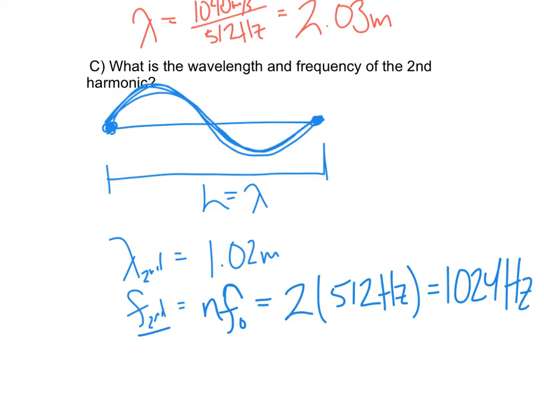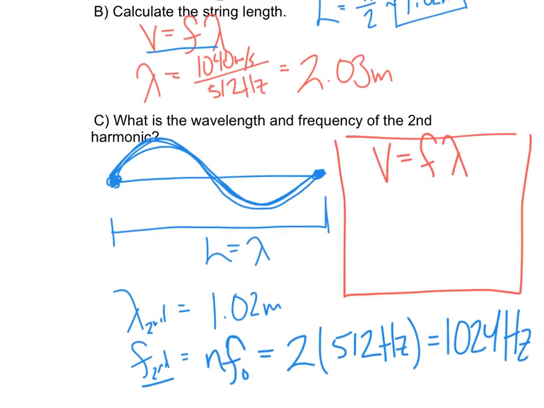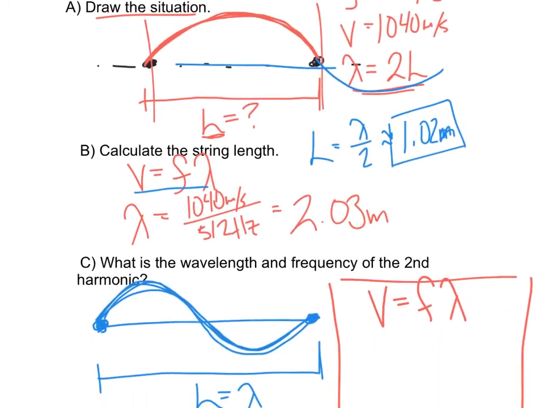There's another way we can do this as well, because I also have an equation that relates wave speed, frequency, and wavelength. So another way I could do this would be to say that, well, I know the wave speed through this wave. How do I know? Because it's the same medium it was before. And wave speed is going to be dependent only on our medium.